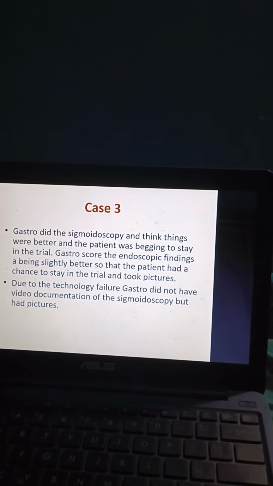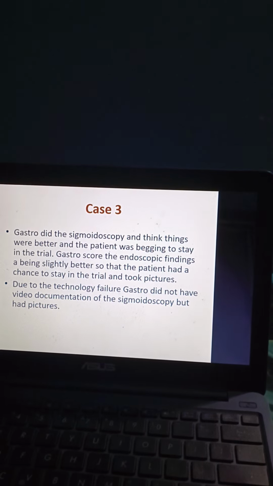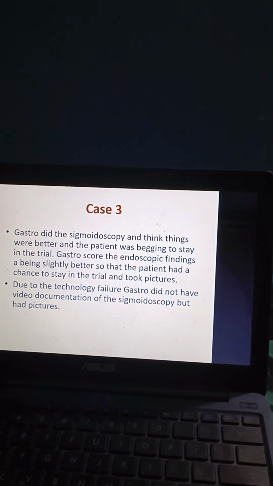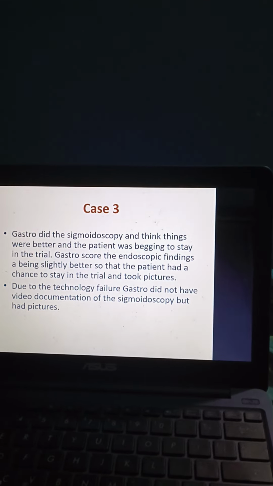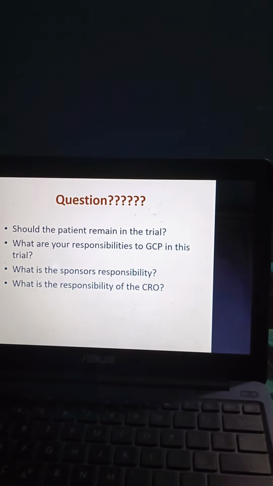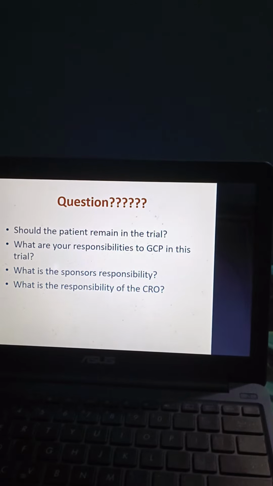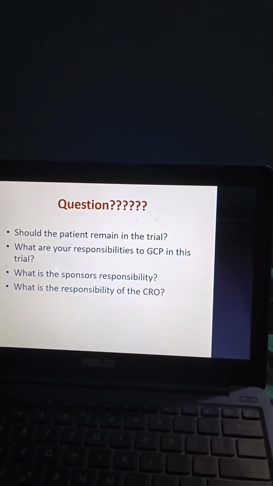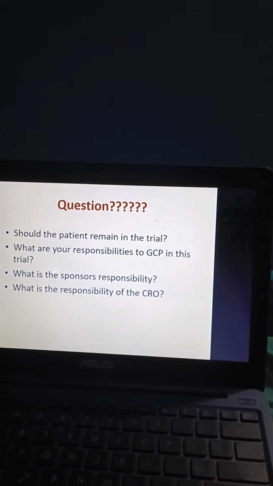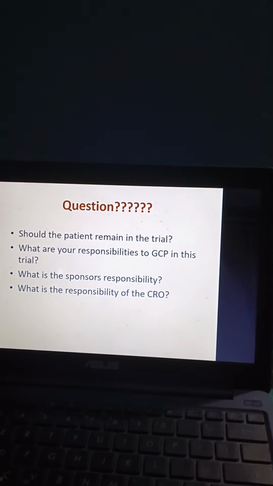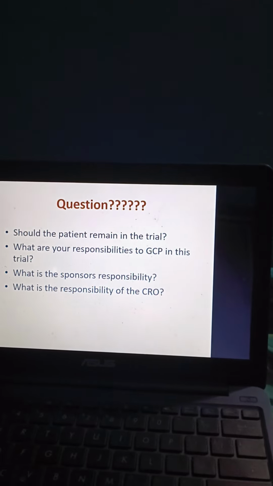Due to the technology failure, Gastro did not have video documentation of the sigmoidoscopy but had pictures. So question: should the patient remain in the trial? What are your responsibilities to GCP, good clinical practice, in this trial? What is the sponsor's responsibility? What is the responsibility of the CRO, contract research organization?